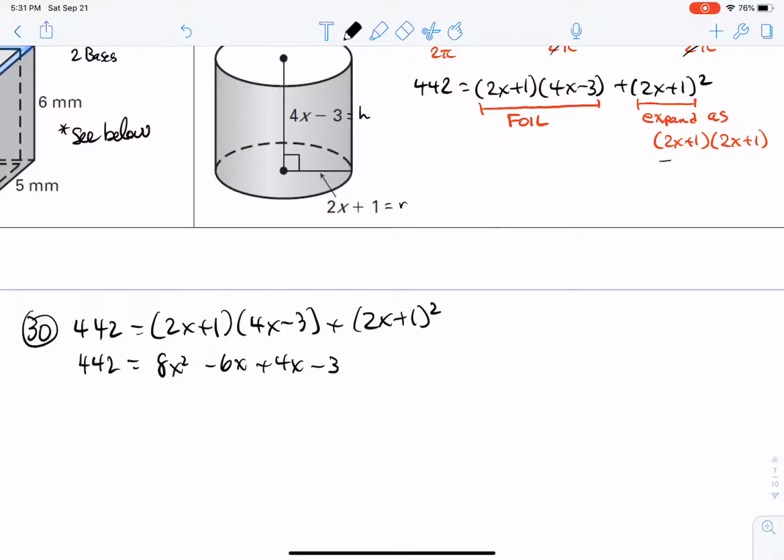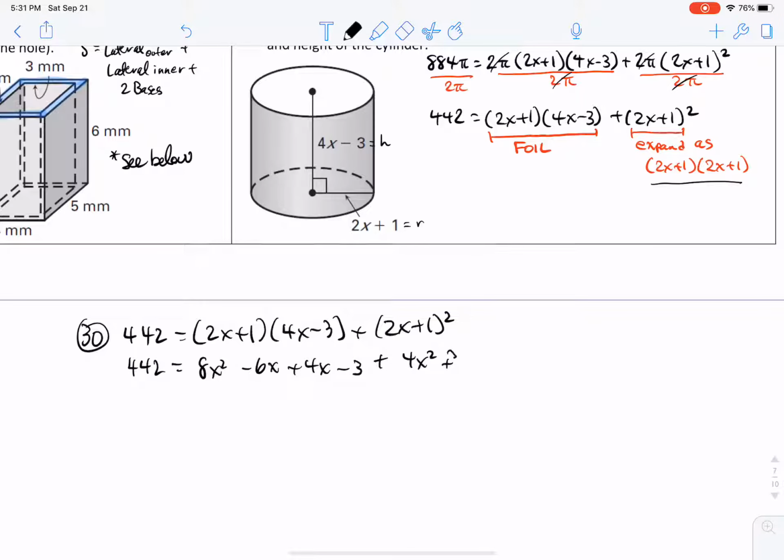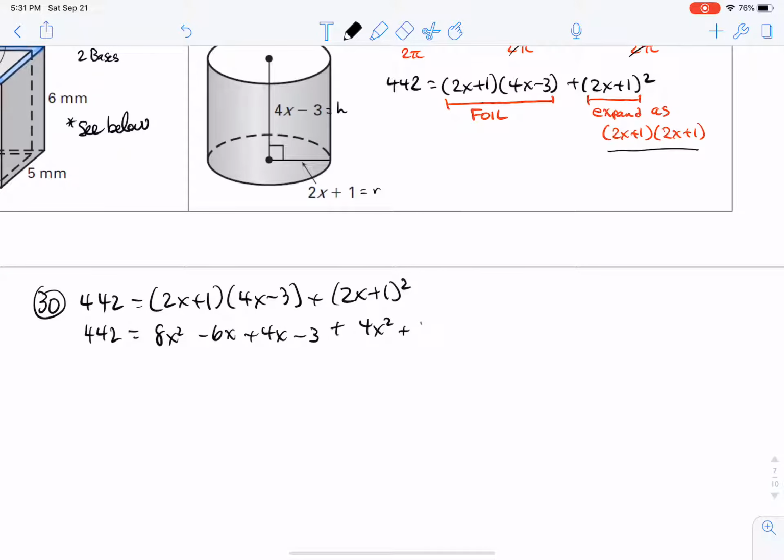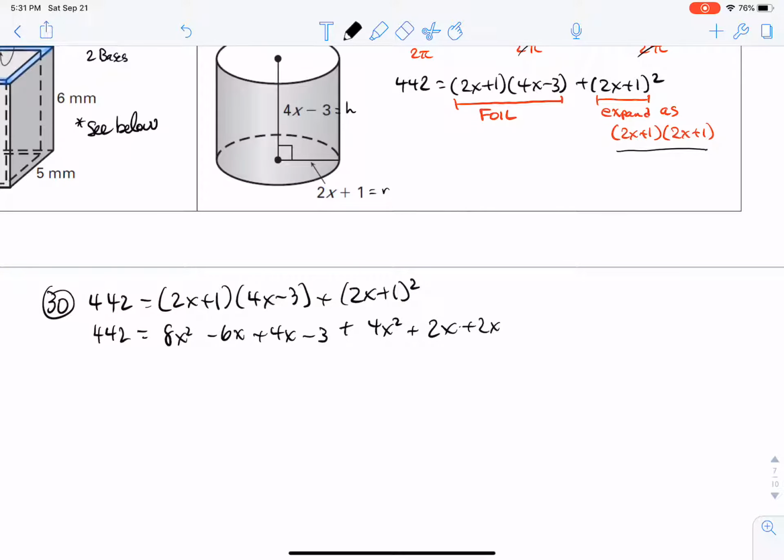Okay, again, back up here, we're going to expand out the 2x plus 1 squared as 2x plus 1 times 2x plus 1. First terms are going to be a 4x squared plus, we've got 2x times 1, we got a 2x. 1 times 2x, we got another 2x, and then finally 1 times 1 gives us 1. All right, so we got to combine some like terms, simplify this out just a little bit more here.